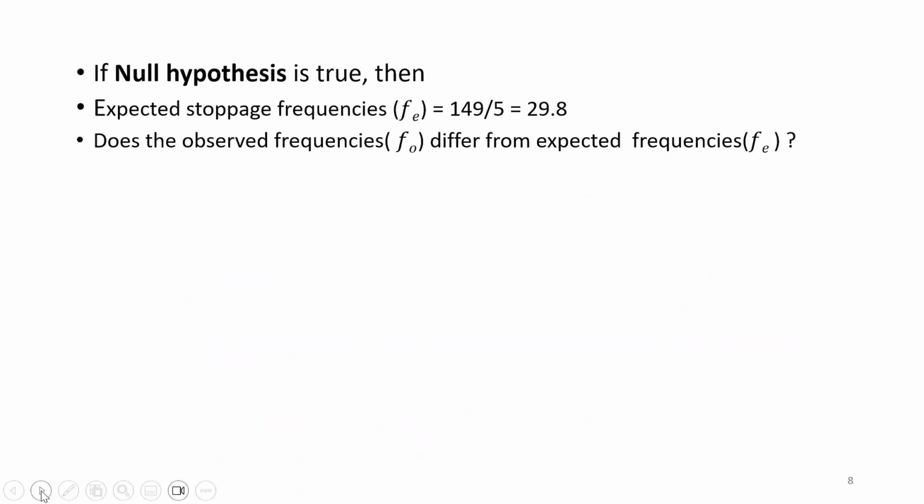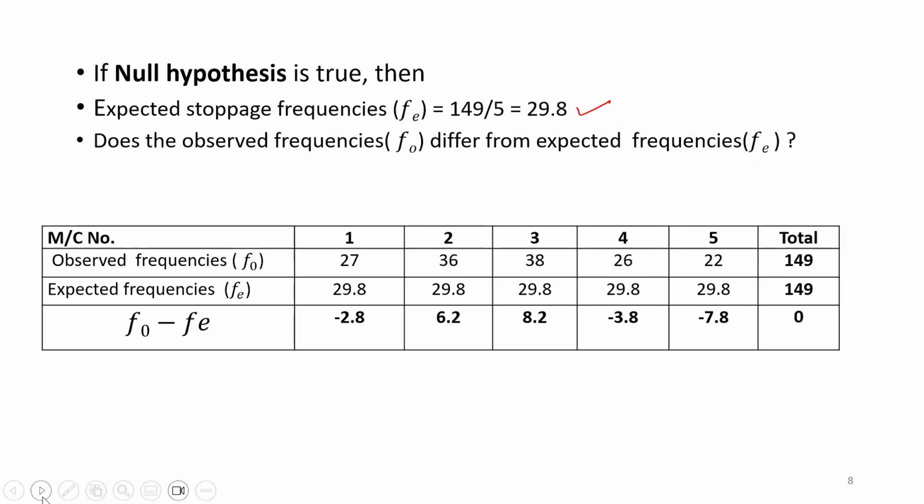Now, the null hypothesis is true. If it is true, then the expected frequency is this much. And this is all we had already stated. Now what we do is find the difference between expected and observed frequency. This is the difference between 36 minus 29.8, which gives you a figure of 6.2. Then 38 minus 29.8.